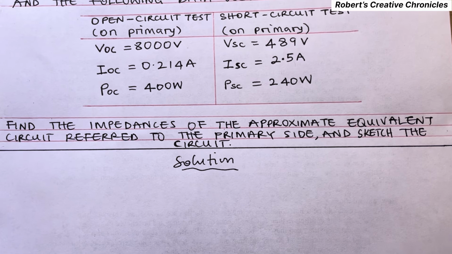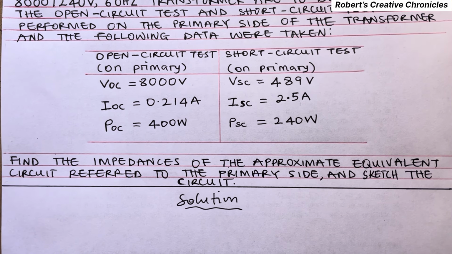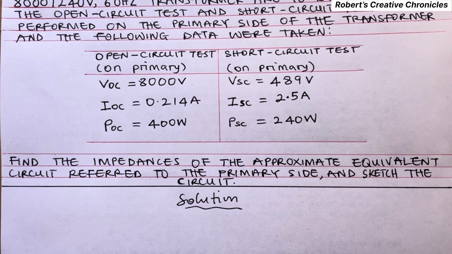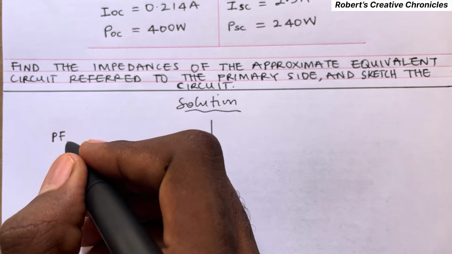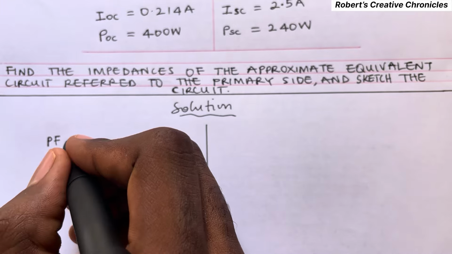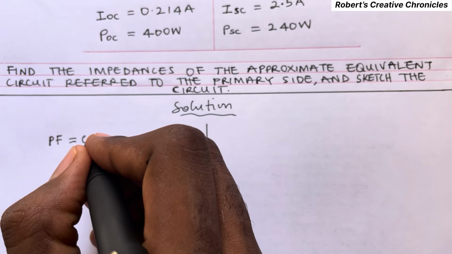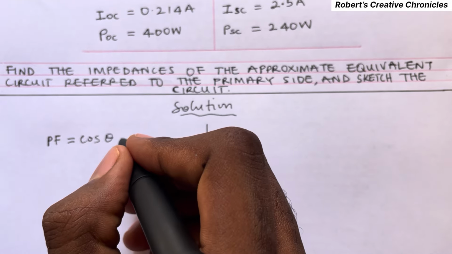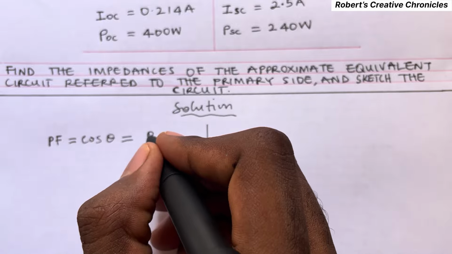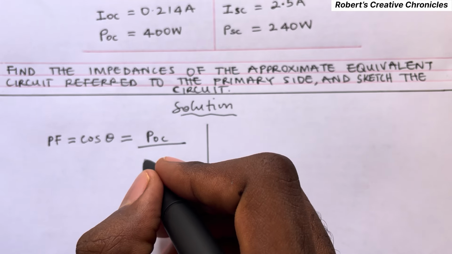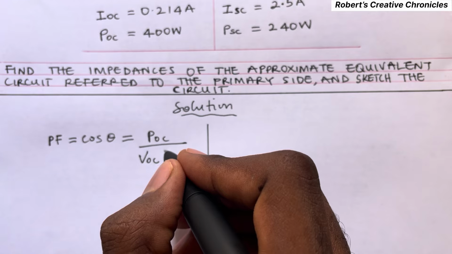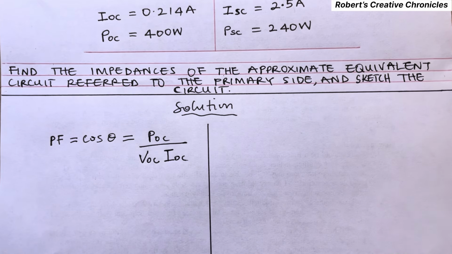Solution. Now the first thing we are going to find is the power factor during the open circuit test. The power factor during the open circuit test is given by cos theta, which is the open circuit power over the open circuit voltage times the open circuit current.